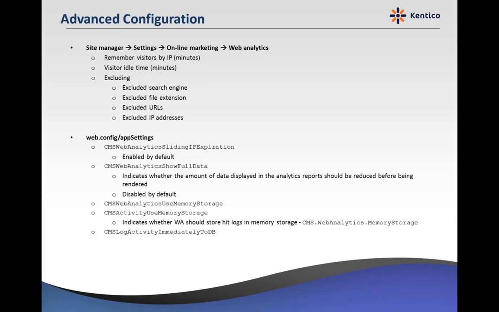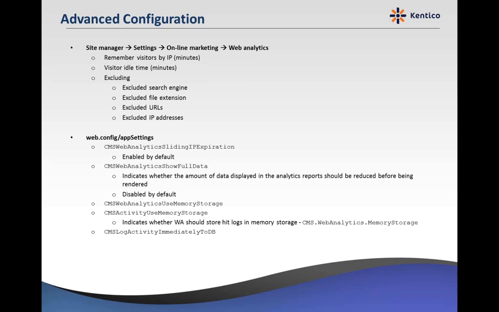However, you are probably thinking what's going to happen if the user disables cookies or the session gets lost, right? To prevent a situation when the user's status cannot be determined based on cookie or session information, you can instruct the system to remember visitors based on their IP address.